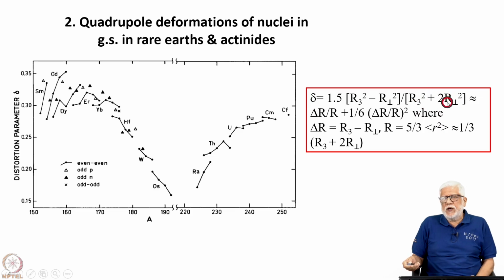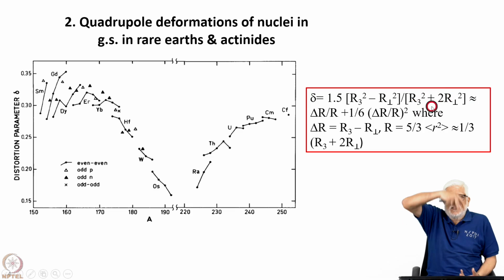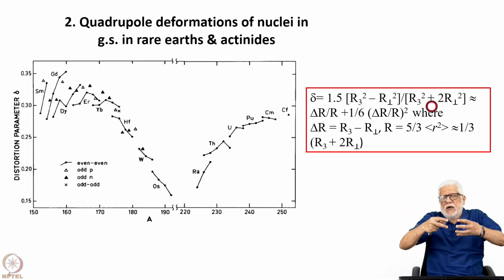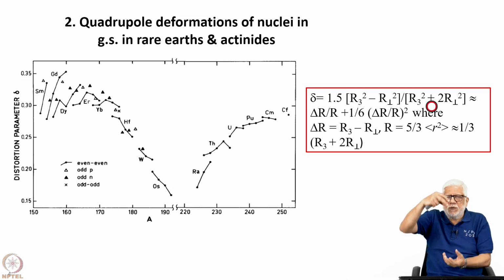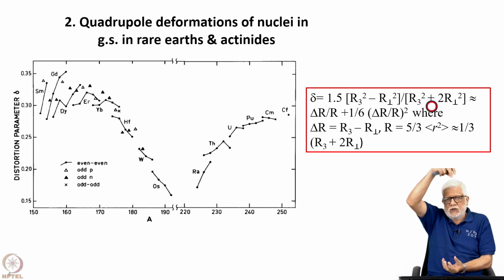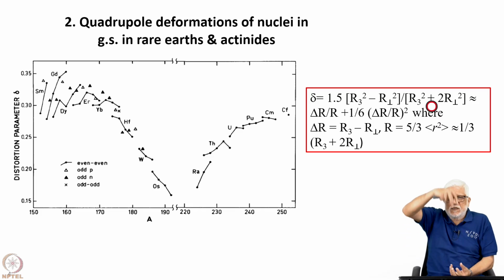Because if you have a prolate nucleus, it is elongated along, let us say, the z axis, but is shorter in the x and y axes. Of course, it is symmetric with respect to rotation about the z axis. Okay. So, it is like a cigar.